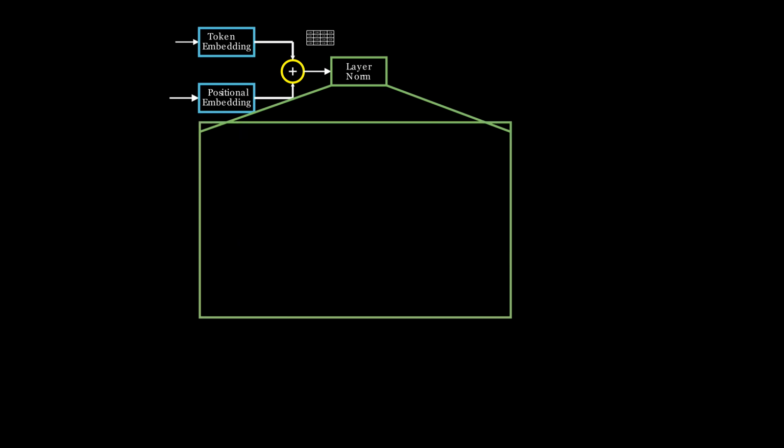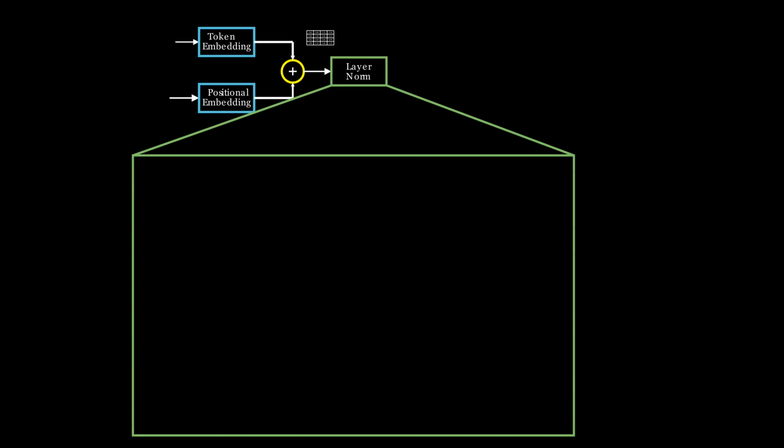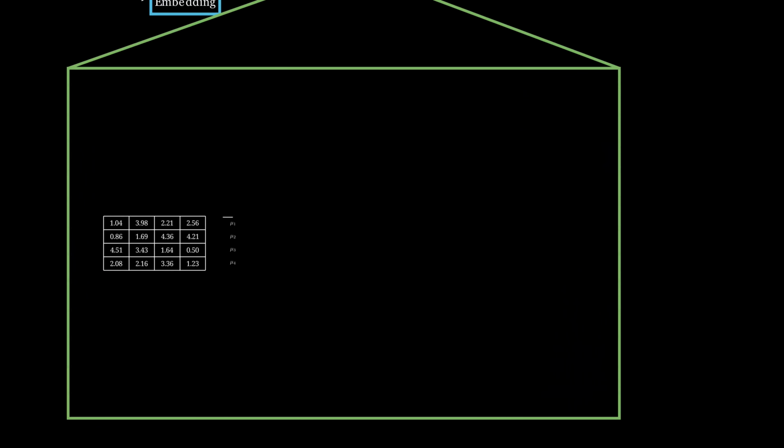Before we do attention, GPT-2 applies layer normalization, because we want the values in each token's vector to be on a stable scale. That helps training converge and keeps the network more stable. For our 4x4 input, for each row, each token, we compute the mean, mu1, mu2, mu3, mu4, and the standard deviation, sigma 1, sigma 2, sigma 3, sigma 4.